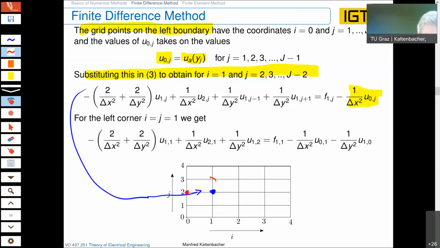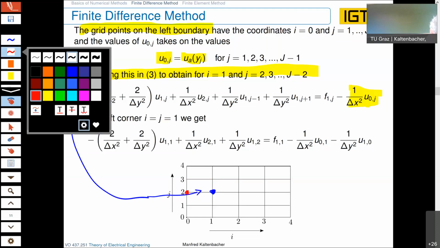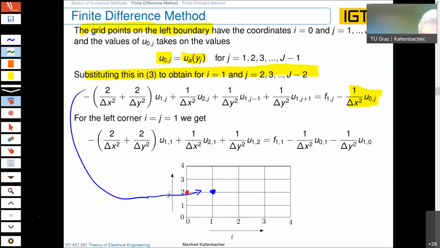Because the others, perhaps we should take another value here, because the others will be here, here, and here. Okay, so you see the green ones are unknowns, the blue one is our central node where we write down the equation, and the red ones we know.